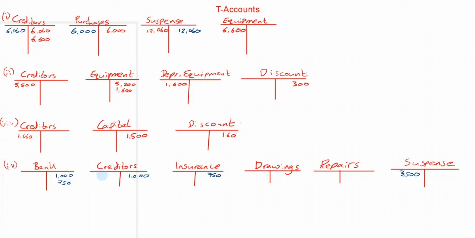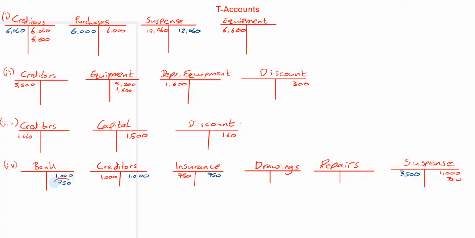I don't want anything in the creditor's amount. So 1,000 is coming out of creditors, going to suspense. 750 coming out of insurance, going into suspense. Now we do what should have happened.